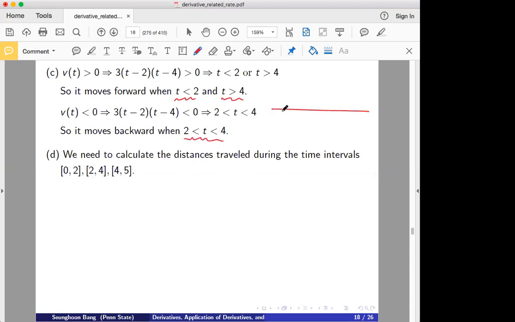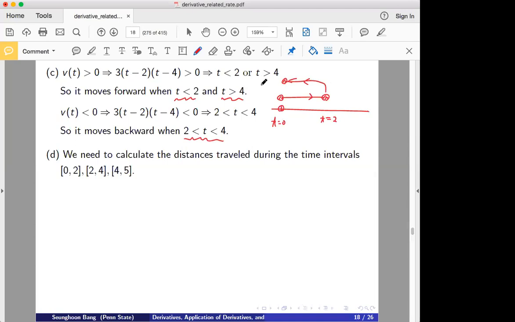What happens? This is time, and this is some position of a particle here. Time t equal to 0 here, moving forward. At time t equals 2, moving backward.